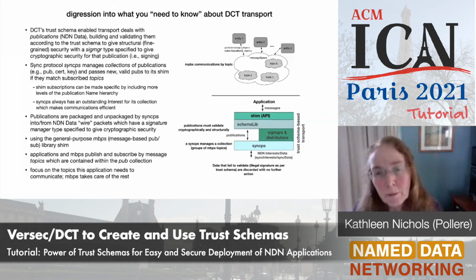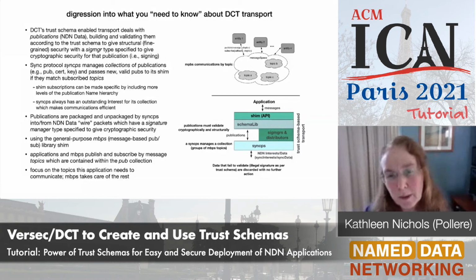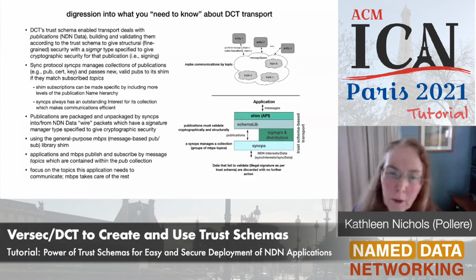But if we look below that at that picture, those application messages go into a shim, which is the API. In our example here, we're using message-based pub/sub, which is a fairly general purpose shim, and we're actually in the process of making it slightly more general.